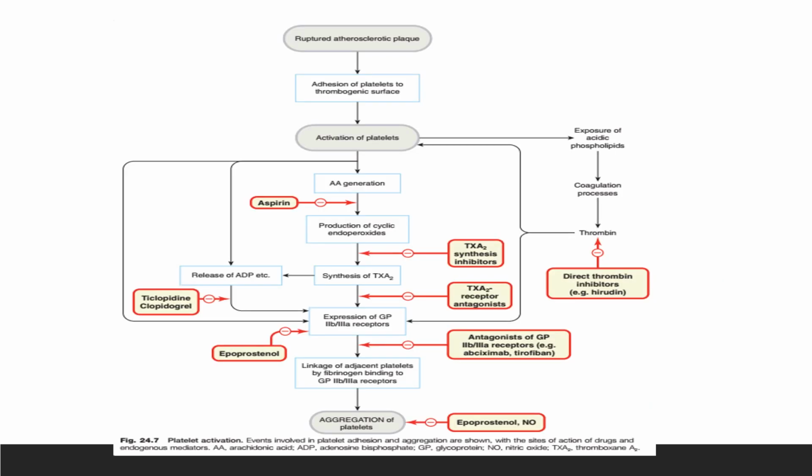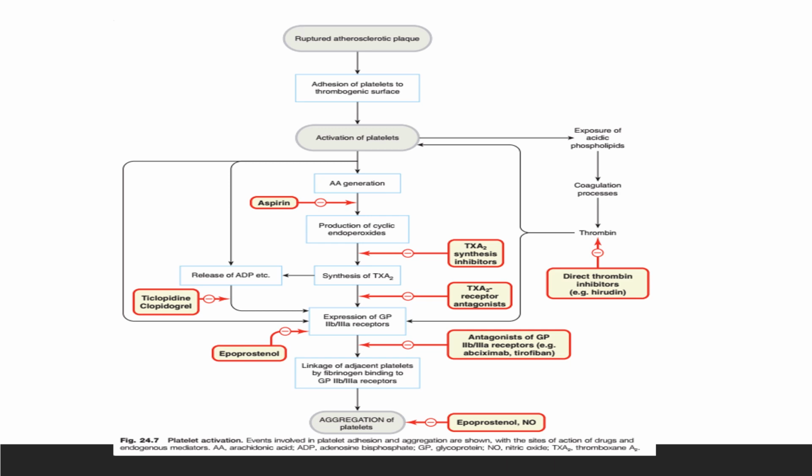This is sort of a summary to show where the different classes of drugs work on platelet aggregation. You can see aspirin works at the upper stage, where thromboxane, which is needed for platelet aggregation, is formed.